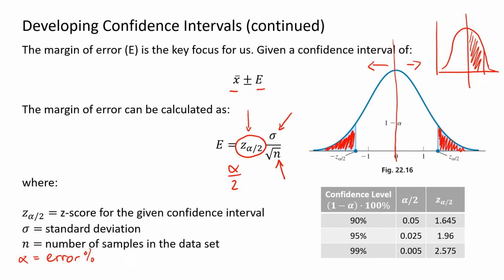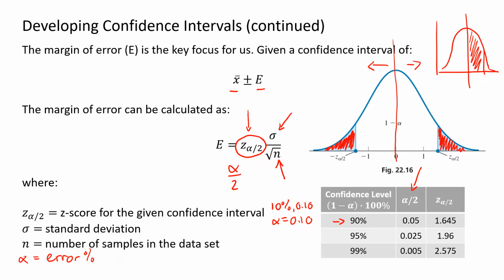So for example here, if we have a confidence interval of 90%, that means 10% or 0.10 will not fall within the interval. So alpha here would be 0.10, and alpha divided by 2 would be 0.05.